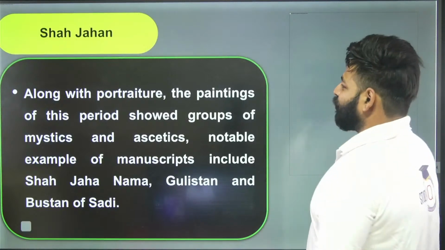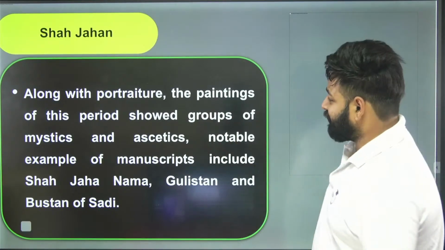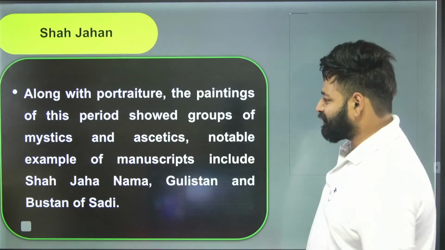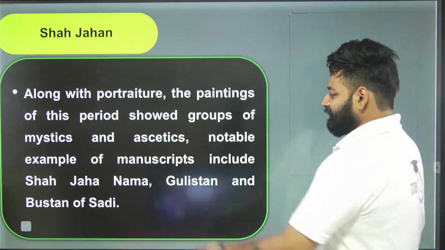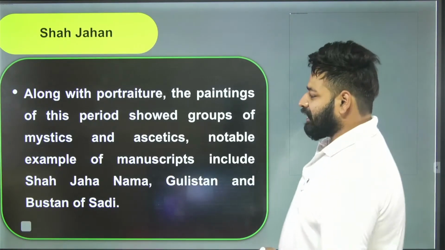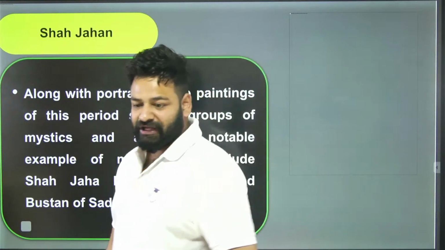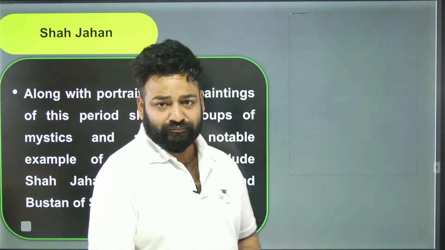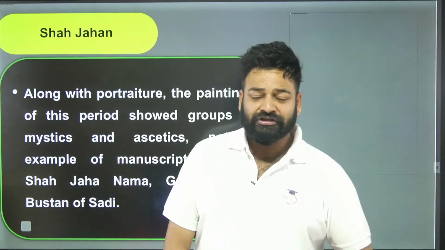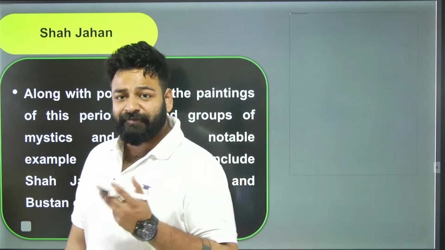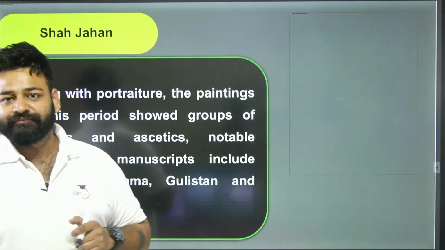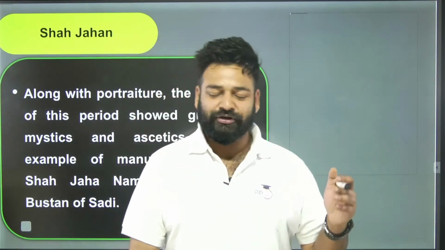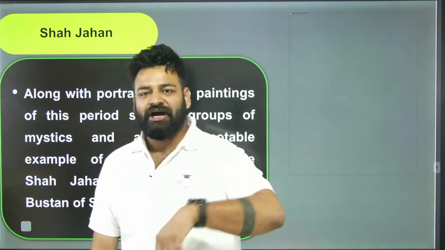Along with portraits, the paintings of this period showed groups of mystics and ascetics. The notable examples are the Shah Jahan Nama and Gulistan and Bustan of Sadi. In the previous chapter we discussed Razm Nama, Tuti Nama, Jahangir Nama, Akbar Nama, Ramayana, all painted during the periods of Humayun, Akbar and Jahangir.